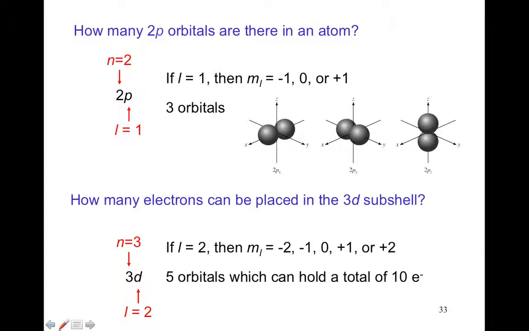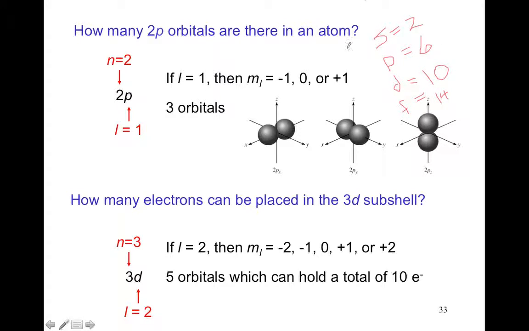And so hopefully you recall, this is a little while back, that we had to memorize in Gen Chem that an s orbital could hold 2, a p orbital can hold 6, a d orbital can hold 10, and an f orbital can hold 14.